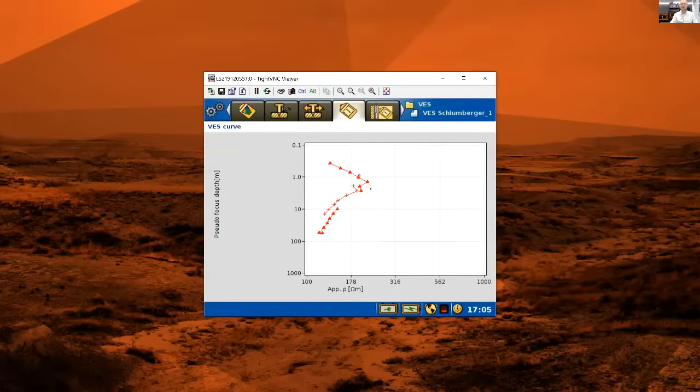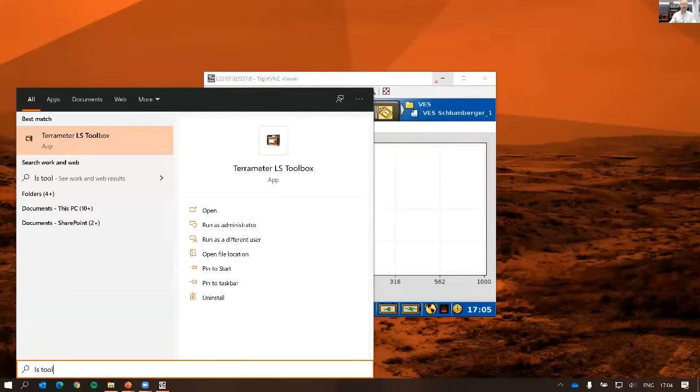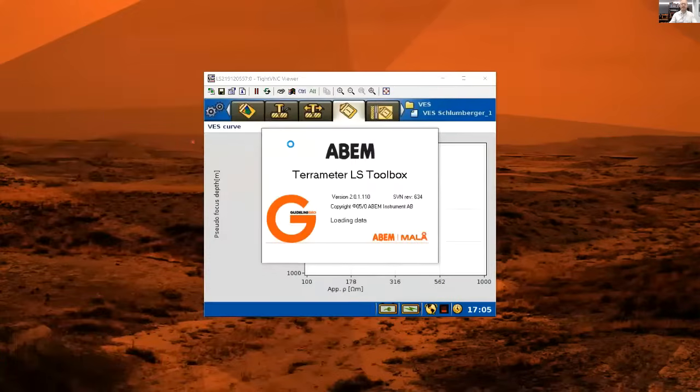What it's done is you've got 3 sections. Each of those sections is a separate MN spacing, and we've changed the icon to indicate that MN has changed between these individual sections. So once I've completed my VES, I can then go into my software, LS Toolbox, the free companion software that comes with the LS.